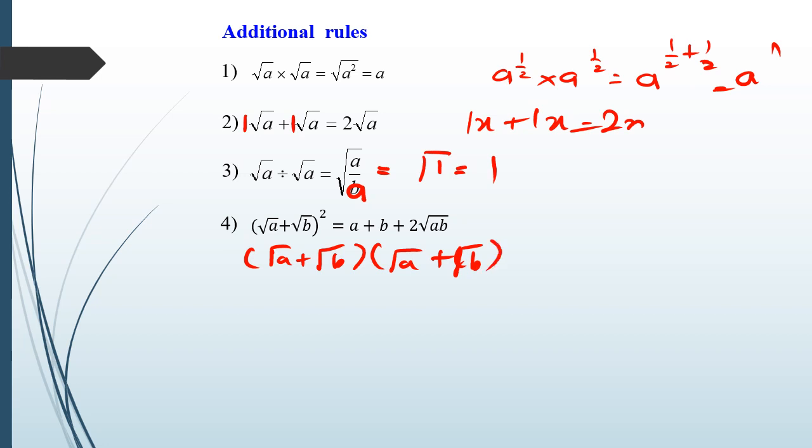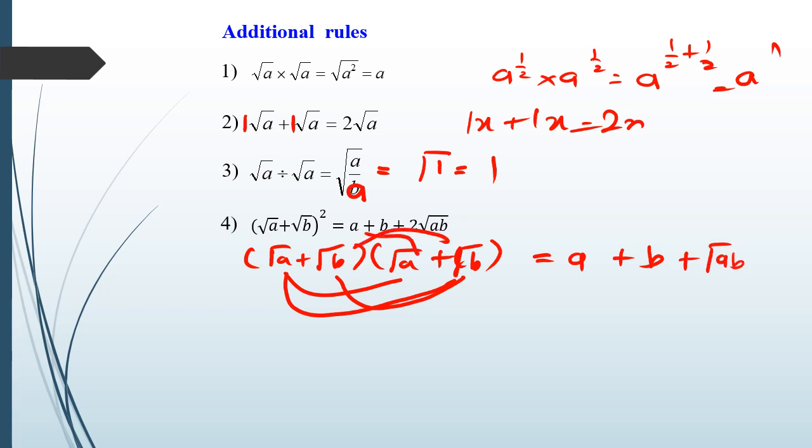We expand as usual. Surd a multiplied by surd a, we get a. Surd b multiplied by surd b, we get b. And then surd a multiplied by surd b, we get surd ab, and surd b multiplied by surd a, we get surd ba or surd ab. That's why we get a plus b plus 2 of surd ab.